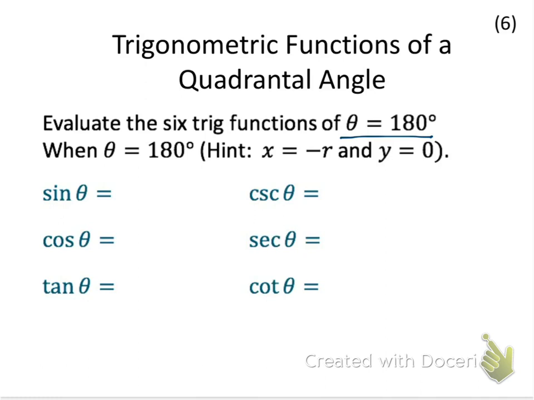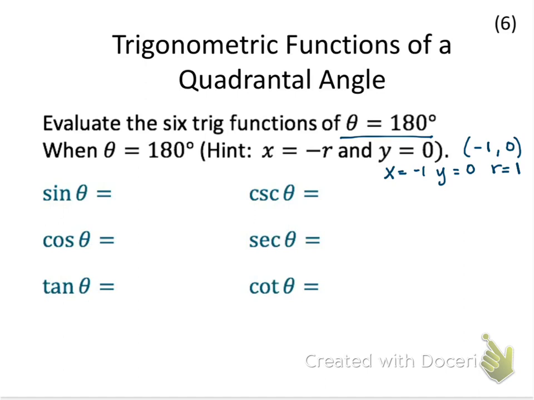But one of our hints was that our x value equals negative r and our y value equals 0. So if we look at that unit circle at 180 degrees, we see that we have the coordinate point negative 1, 0. So our x value equaled negative 1, our y value equaled 0, and our r value at this point equaled positive 1, since our radius of a unit circle is 1.